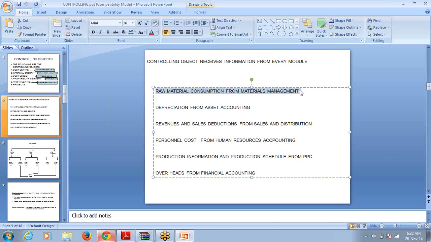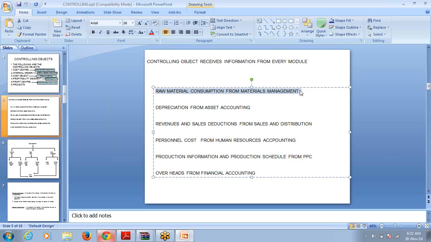What is the original birthplace of the raw material consumption? Materials management. So from the materials management, raw material consumption is updated in the general ledger. From the general ledger, that information is taken to the controlling ultimately. That's why we say that raw material consumption is taken from materials management.